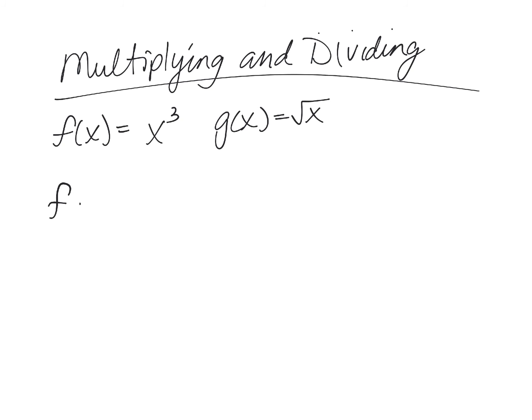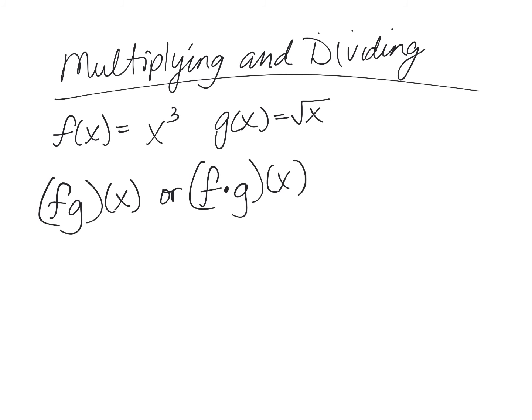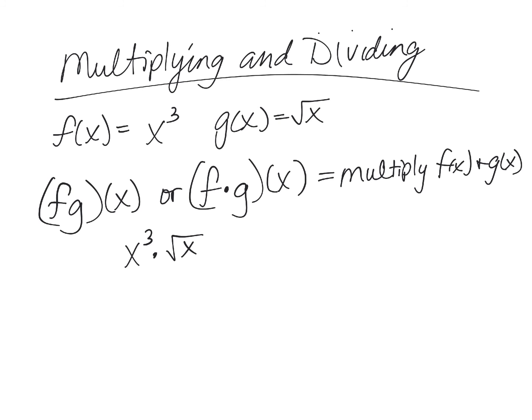If it's asking (fg)(x), or f times g with a dot, of x, it's asking us to multiply f of x and g of x. So in this case, it's x cubed times the square root of x, which we can't do much with other than write it as x cubed square root x.